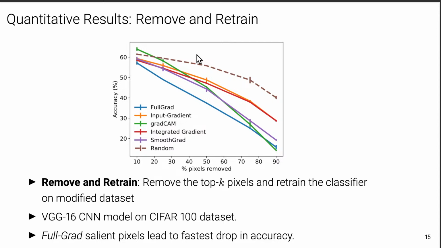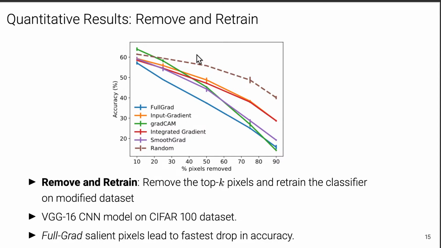Another quantitative result we use is remove and retrain. I think this was presented here. So here we remove the top k pixels, but instead of just looking at the change in network output, we retrain the classifier, because when we remove the top k pixels, we may be introducing artifacts.